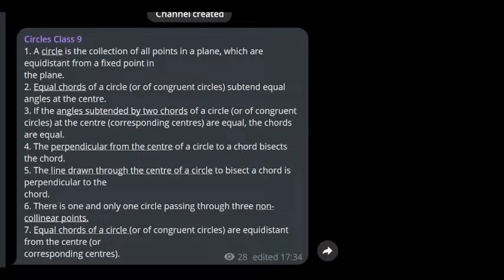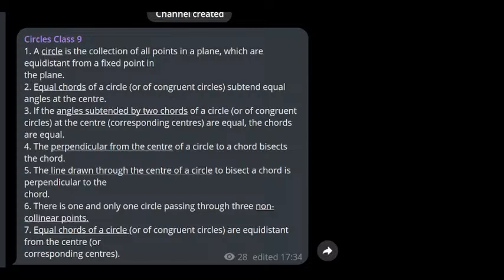Equal chords of a circle or of congruent circles subtend equal angles at the center. Remember, equal chords of a circle or of congruent circles subtend equal angles at the center. What do you mean by this? Let me explain.